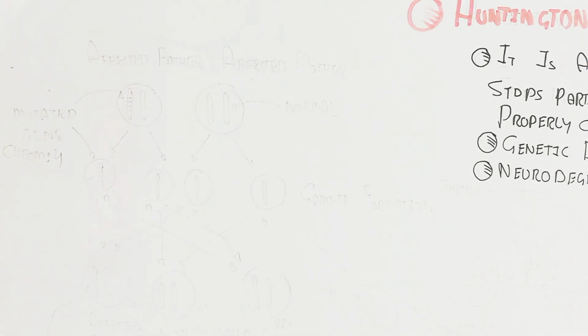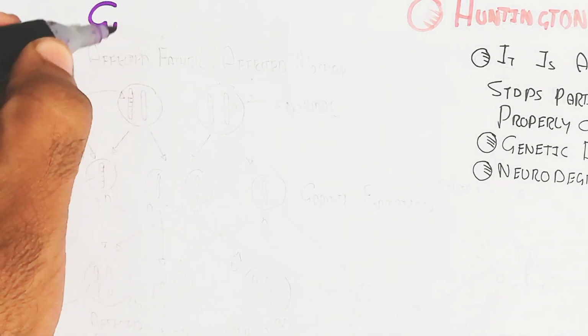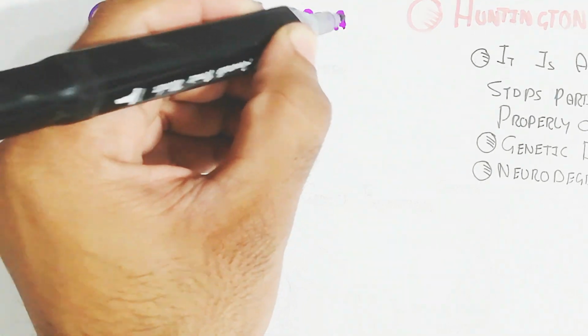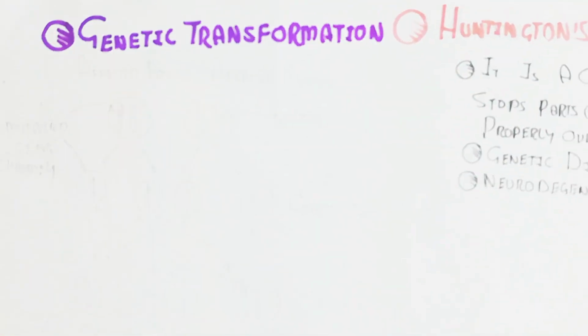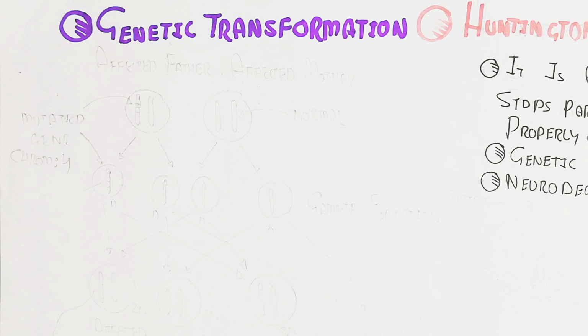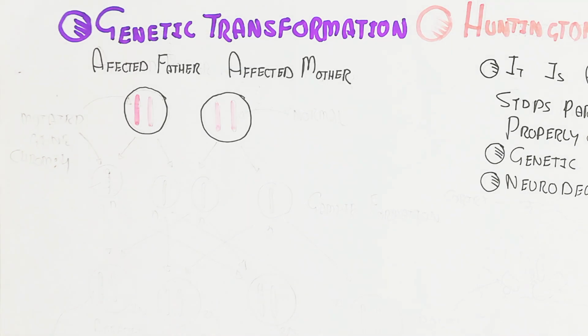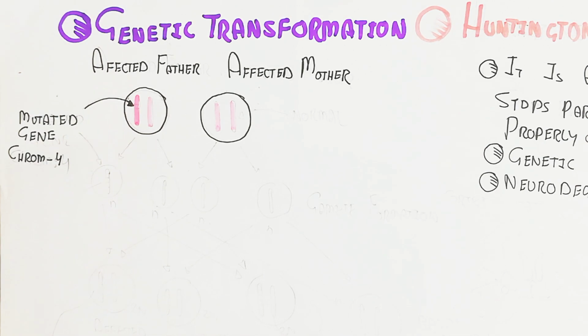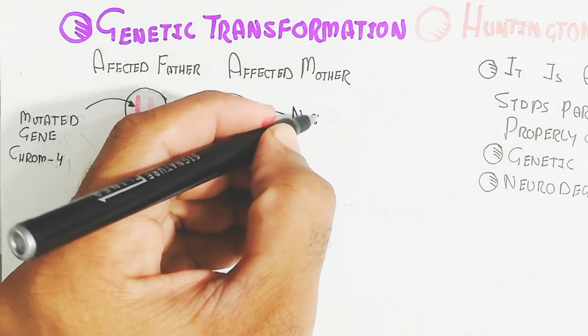Let's begin with the genetic transmission. An affected father or mother can pass their gene to their offspring during gamete formation, when the chromosomes separate from diploid to form haploid sperm as well as egg. For example, here I am taking the father as affected.